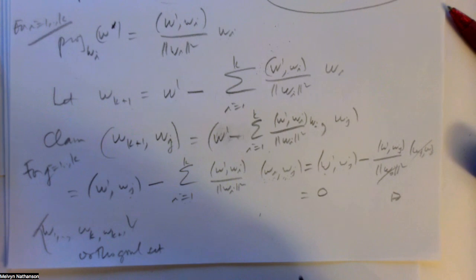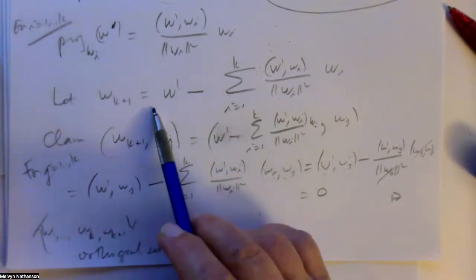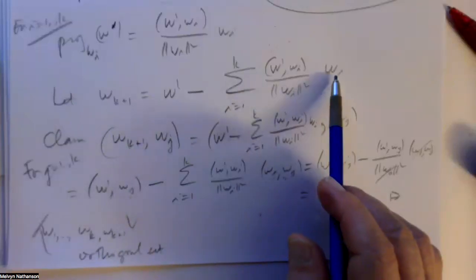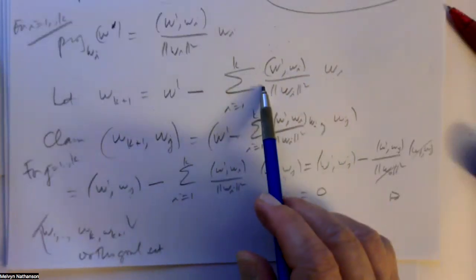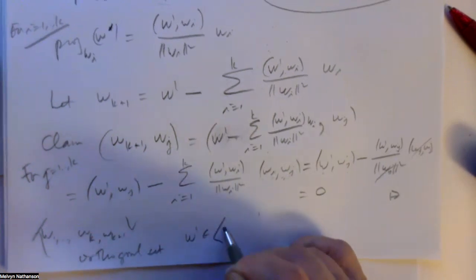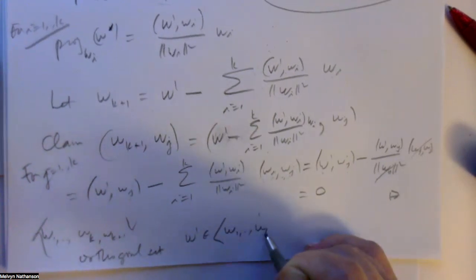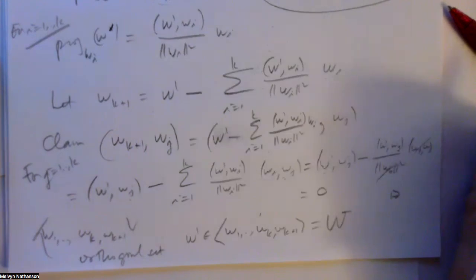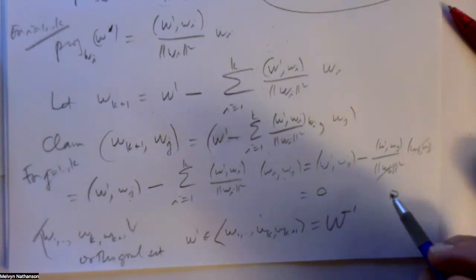And if I take W_{k+1} and W_1 up to W_k, I can take the linear combination of the W_1 up to W_k that cancels this. So W prime is in the subspace generated by W_1 up to W_{k+1}, which is going to be this larger set.